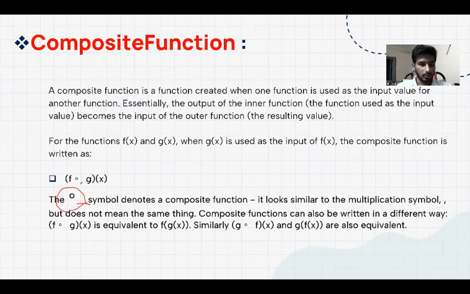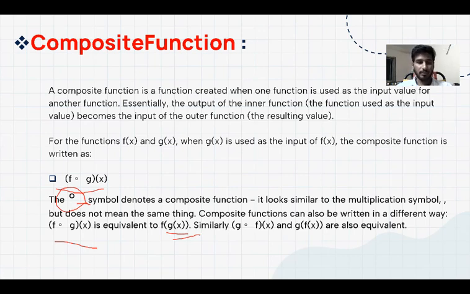So this is called the composition of f and g of x. We can represent the same f composition g of x in parentheses, which is equivalent to f of g of x. Here g of x is one function which consists of an equation like x square plus 1.